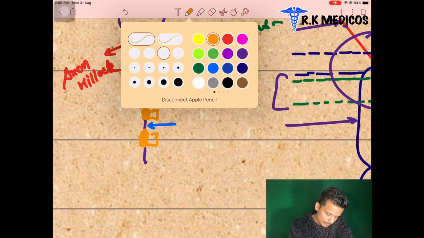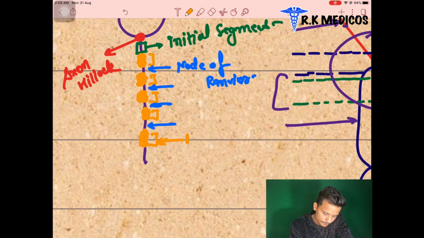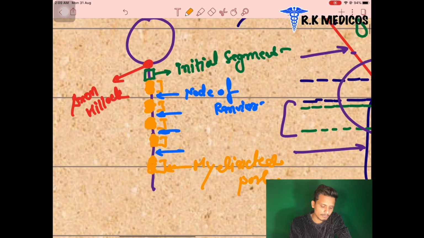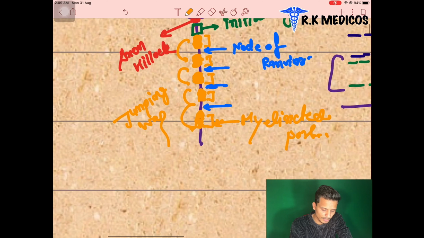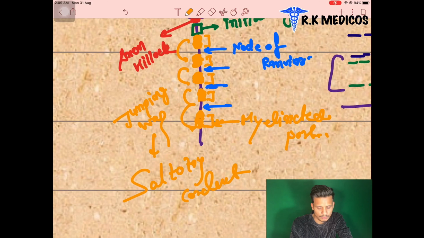This is the myelinated portion, and you know it now. So the impulses will be transmitted in a jumping way, and this jumping way is called saltatory conduction, because the information is conducted in a jumping way.